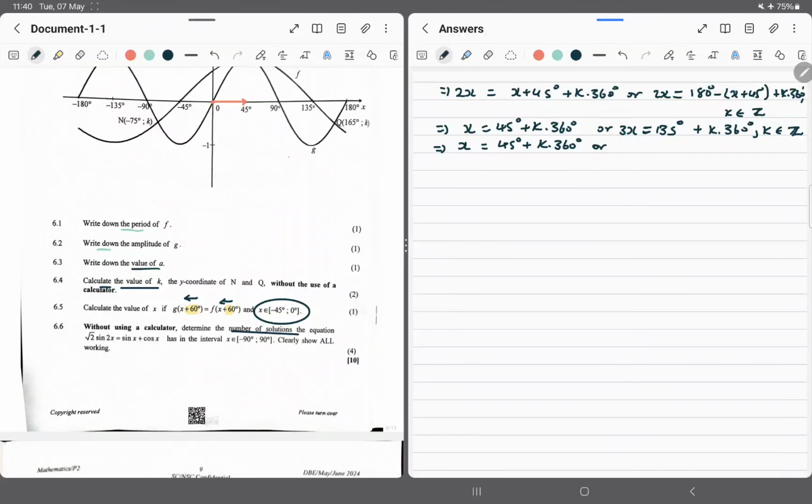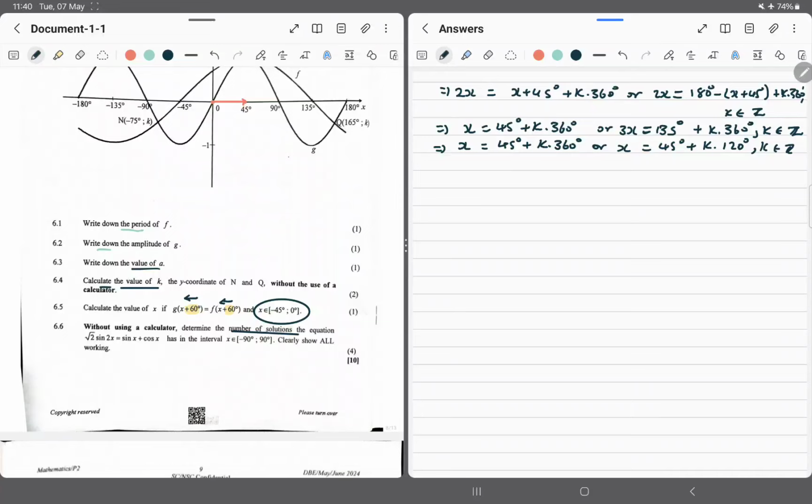Now here we divide by 3, x is equal to, divided by 3 there, that is 45 degrees plus k times 120 degrees, where k is an element of integers.